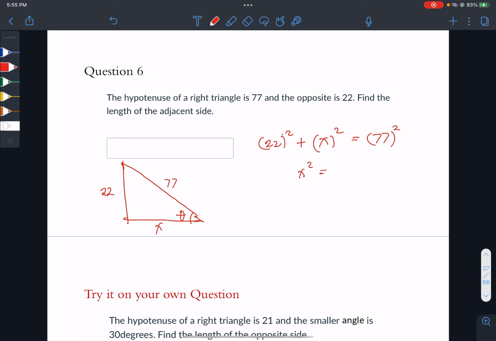So x squared is equal to 77 squared minus 22 squared. You can use the calculator: 77 squared minus 22 squared is 5445. Take the square root on both sides. The square root of the answer is 33 square root of 5, or it can also be 73.79.